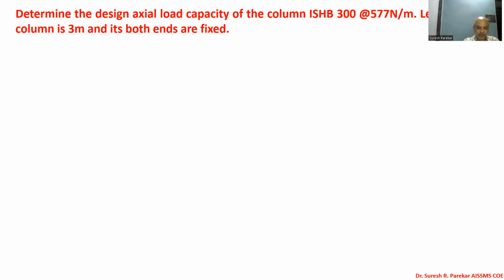So now we have to first go to the properties of this section. So now I will write properties of this section. So we have rolled section. So step 1, solution.